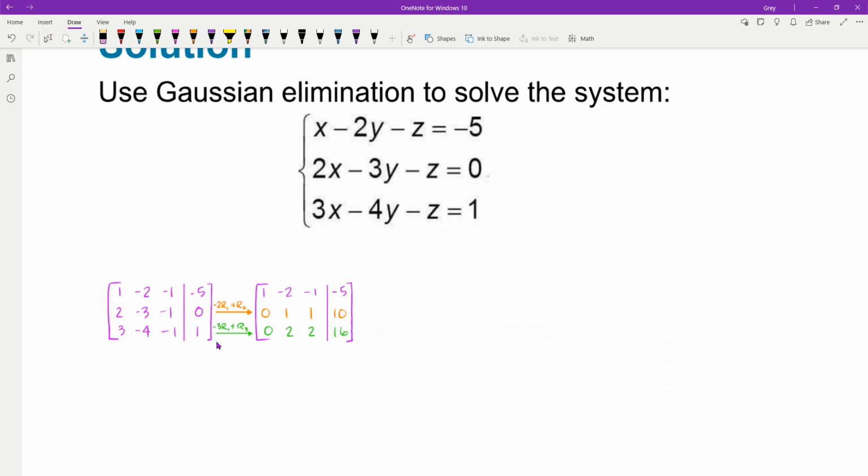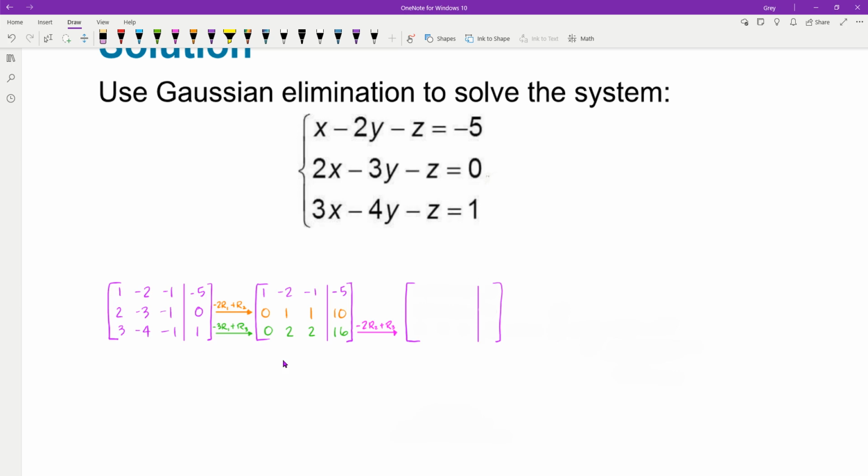So my first column is complete. I'm on to the second column, and that's to get a 1 right here, and now I'm trying to get a 0 down here. So I'm going to replace row 3. I write that second, and I'm multiplying the second row by the opposite of 2, which is -2.